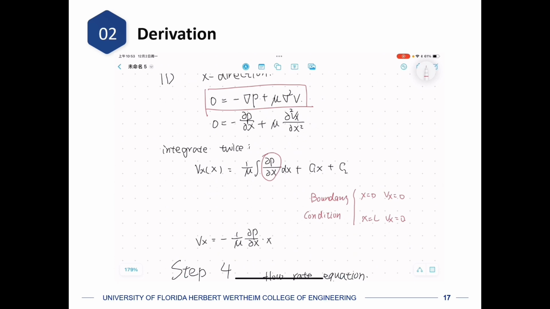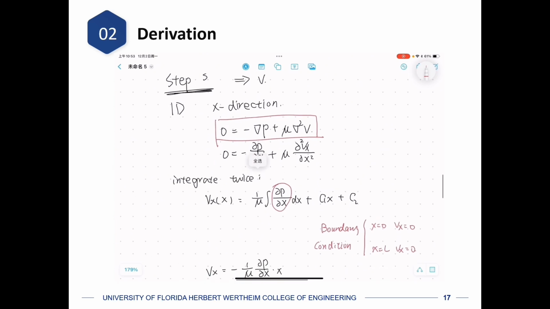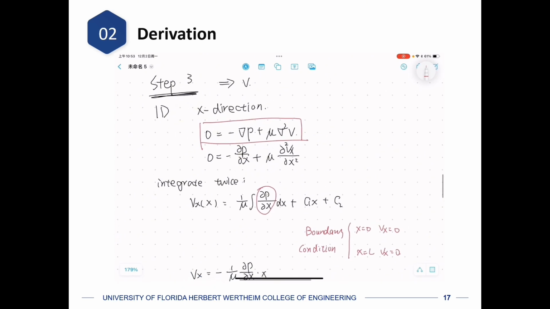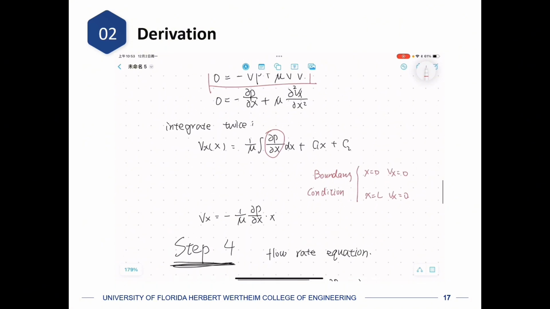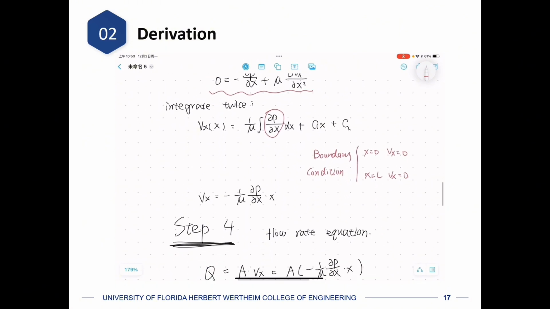In this case, the pressure gradient is driven by the force, and the velocity field only has a component along the x direction, so we only see one dimension, the x direction. So we get this form, and we integrate it twice, so we get this one.